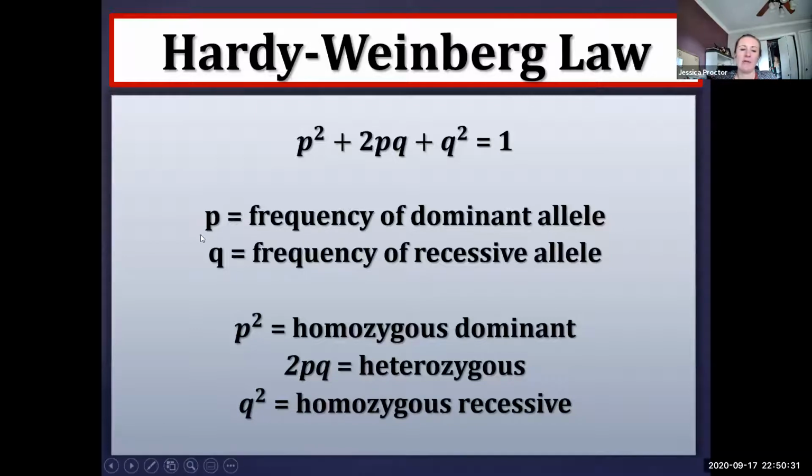All right, and then p squared refers to the homozygous dominant individuals in that gene pool. 2pq refers to the heterozygous individuals in that gene pool. And q squared refers to the homozygous recessive individuals in that gene pool.